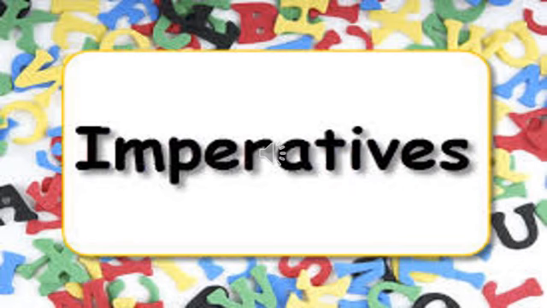Today, we have an amazing story. But before we read the story, I just want you to understand something very easy. Its name is imperative. I know you are so smart and you are going to understand everything.